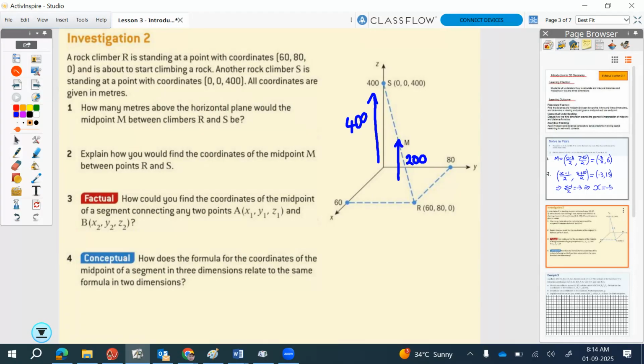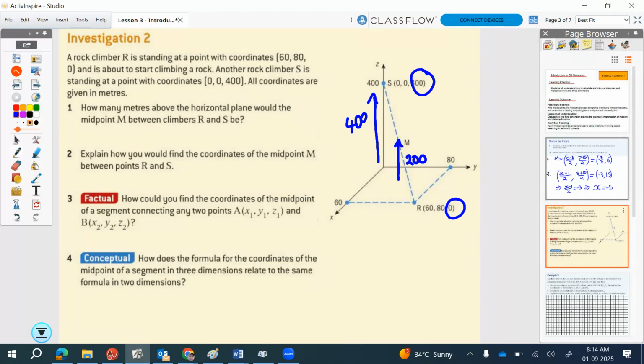How would you find the coordinates of the midpoint N between R and S? What we've basically done here is we found the average of the distance from this point to this point. 200 would be the average of the distance, so that should work in each of the dimensions. So for question 2, I'll squeeze it in here.